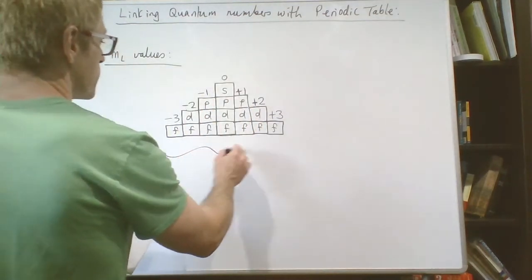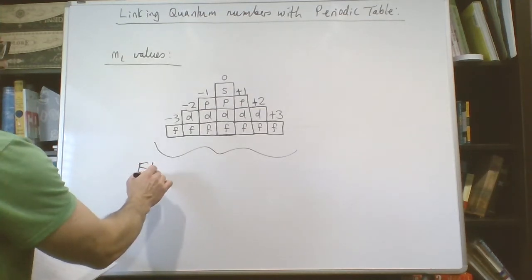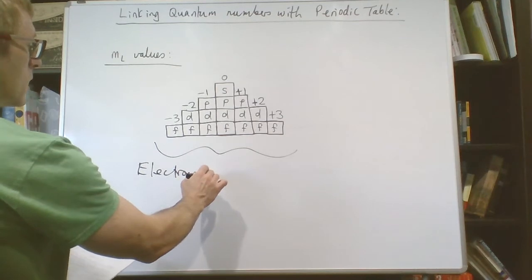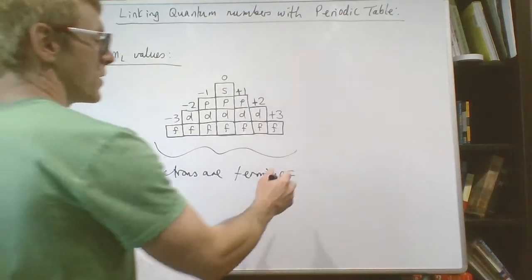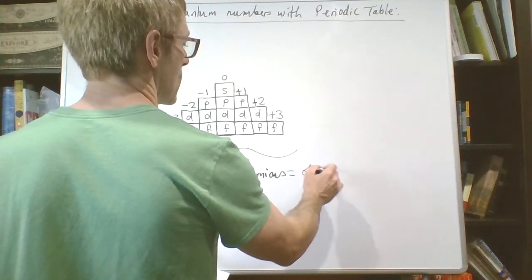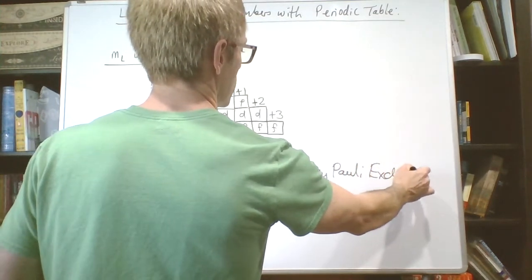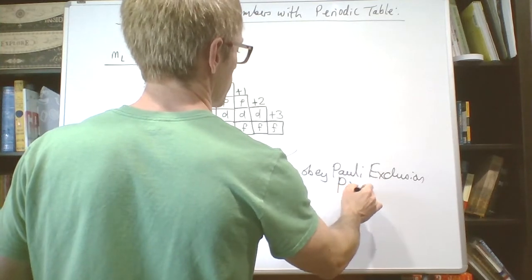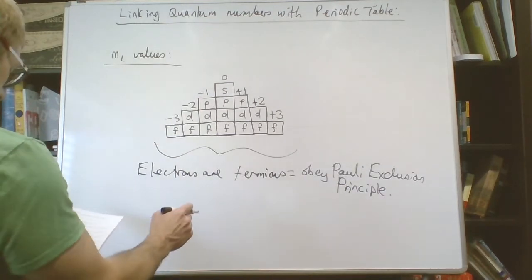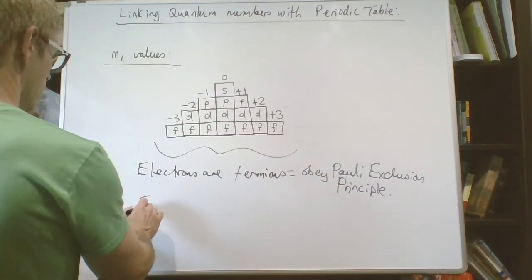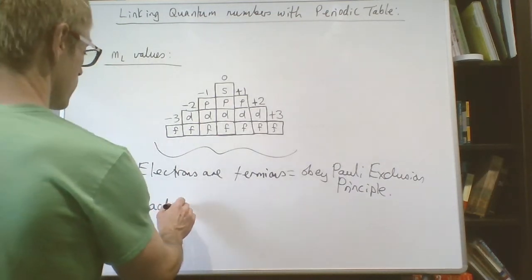We notice that this applies to magnetic quantum numbers of electrons. Recall that electrons are fermions. And recall that that means they have to obey the Pauli Exclusion Principle. We comment therefore that each orbital can contain up to 2 electrons.